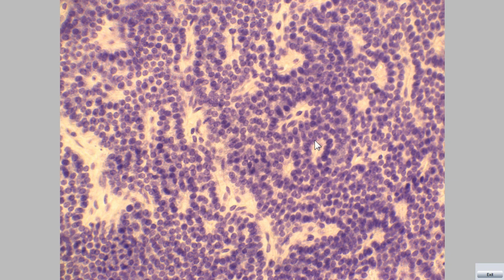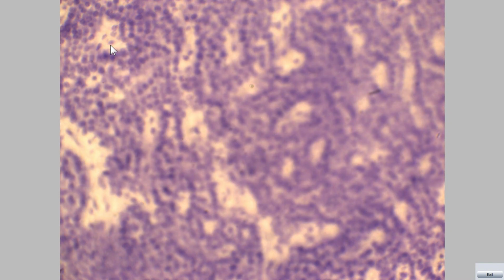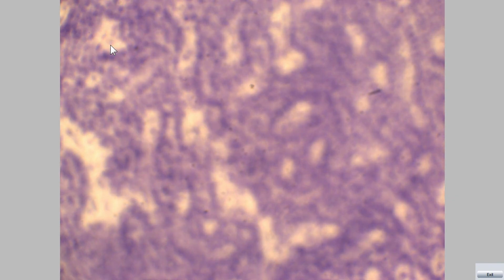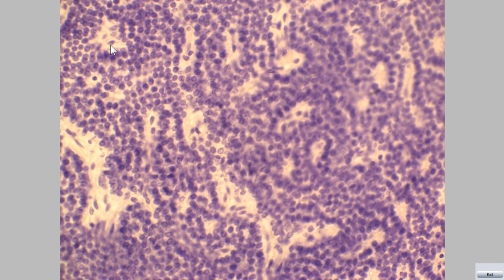Another type of cell found within this gland is called oxyphil cells. These cells are larger than principal cells with very acidophilic cytoplasm. This is another one. Oxyphil cells.